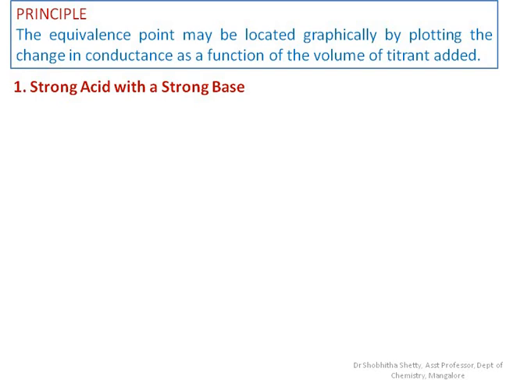The beaker with the conductivity cell and the analyte solution has to be placed on a magnetic stirrer in order to maintain uniform concentration of the solution, and we need to record the reading according to the volume of the titrant added. Finally, by plotting the graph of change in conductance value against the volume of the titrant, we can find the equivalence point or end point. In addition, the concentration of the analyte can be analyzed easily. So the first example is strong acid with strong base.